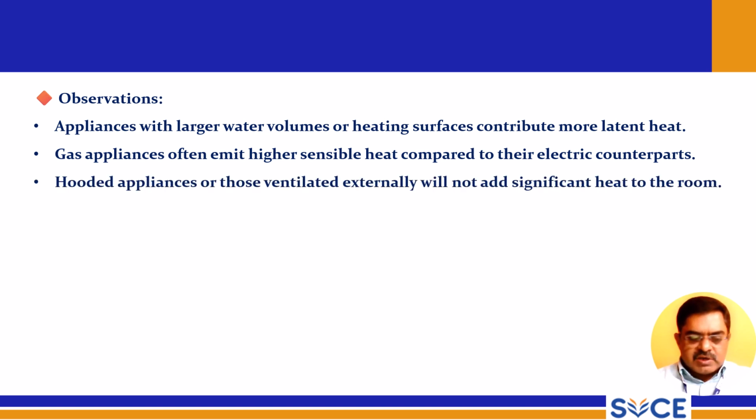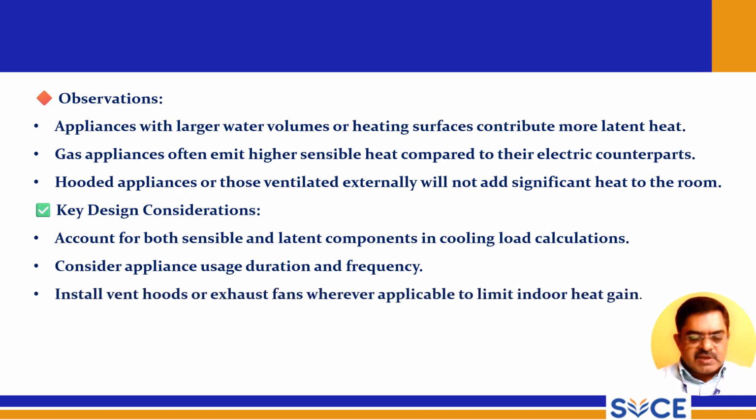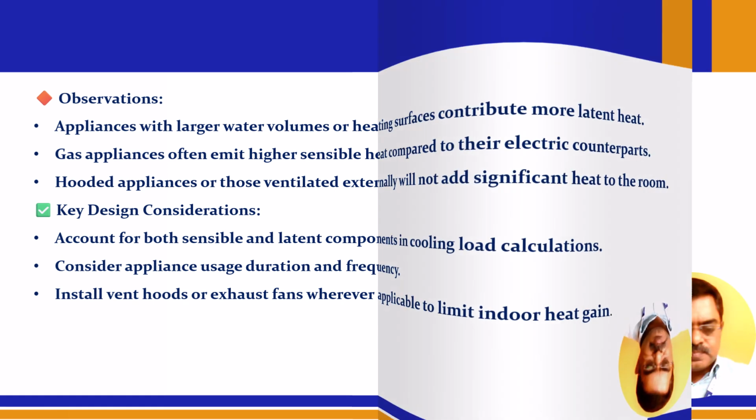Hooded appliances, which are ventilated externally, will not add significant heat to the room. Key design considerations are to account for both sensible and latent components in cooling load calculations, consider appliance usage duration and frequency, and install vent hoods or exhaust fans wherever applicable to limit indoor heat gain.